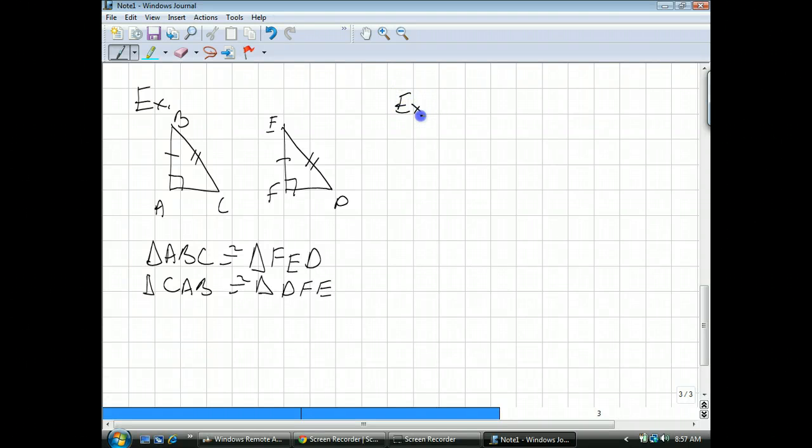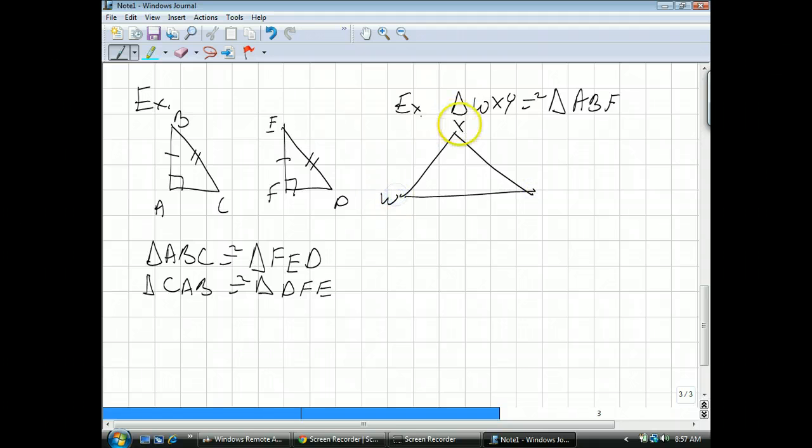Okay? So, example 2. If I tell you triangle WXY is congruent to triangle ABF. Okay? So here's the picture. Here's WXY. And here's ABF.